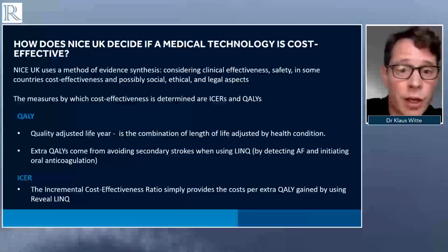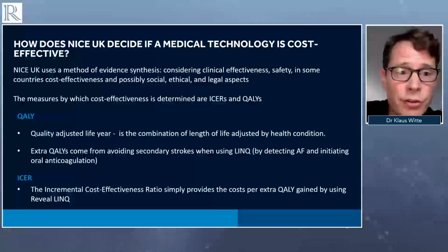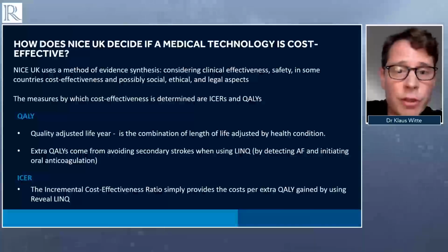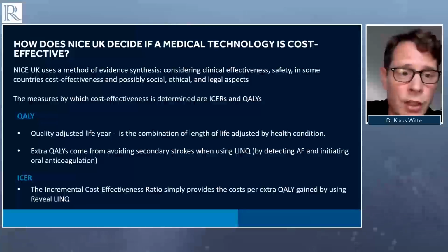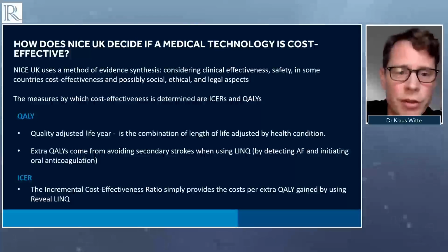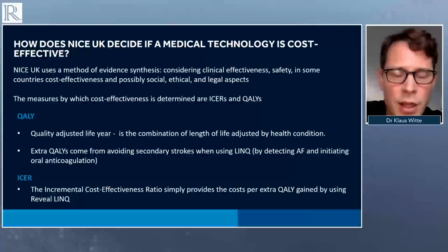So as we've discussed earlier on, the evidence synthesis includes not only clinical effectiveness, but it includes the quality of life year gain and the incremental cost, allowing you to calculate what is known as the incremental cost effectiveness ratio. In other words, what is the uplift in cost over and above standard care?